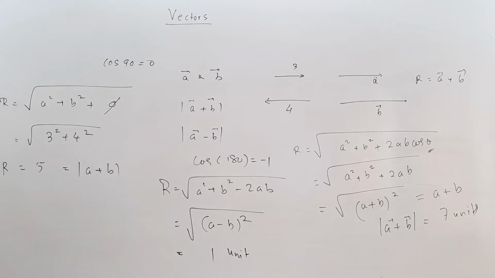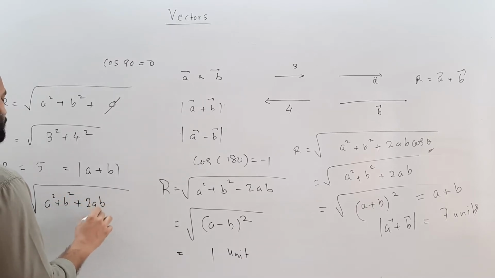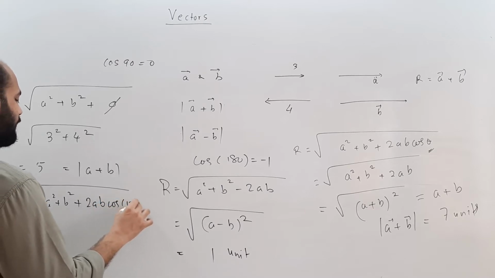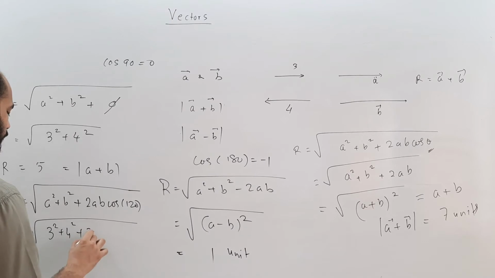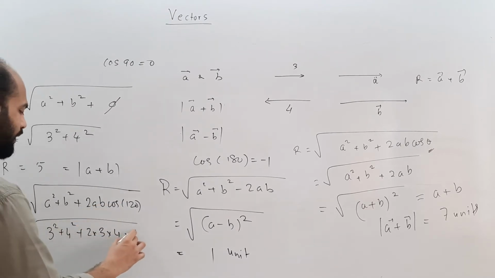Let's see the next case. A square plus B square plus 2AB cos of 120. This is the case. Then it's going to be A square plus B square, that is 3 square plus 4 square, plus 2 into 3 into 4, and cos of 120 is going to be minus half.